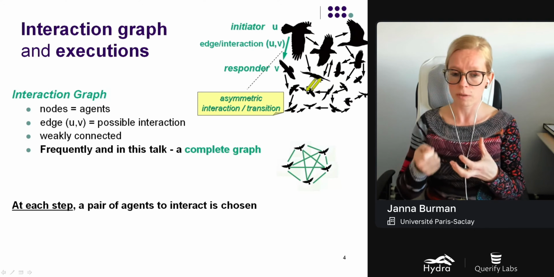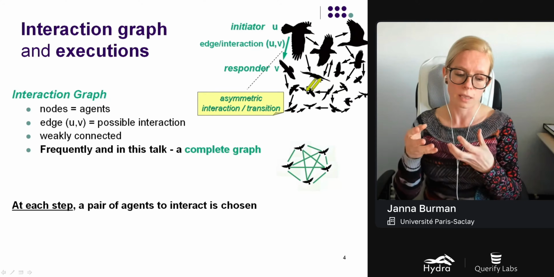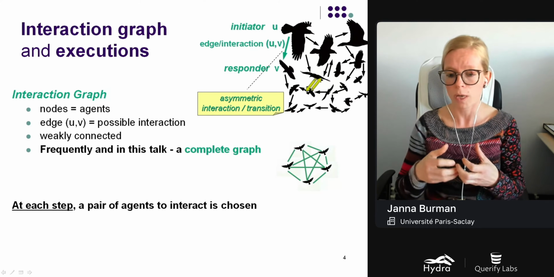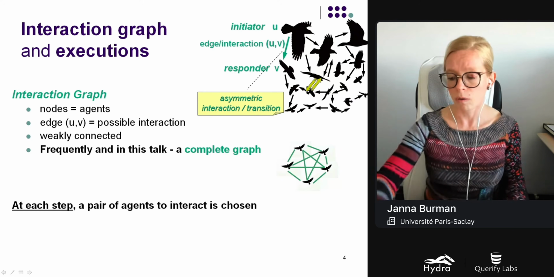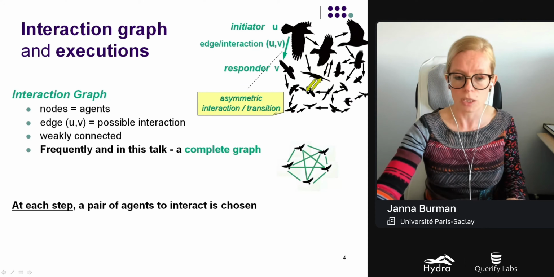Okay, because a transition changes the values of the variables of the protocol.